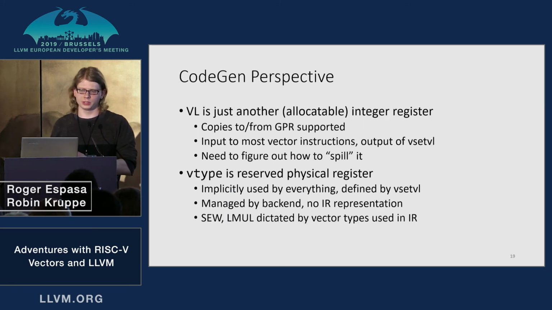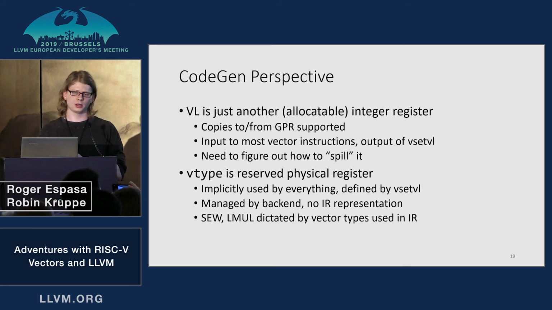To actually generate code, we need to figure out how to handle the vector length register and this configuration, so SEW and LMUL and some other bits. And for VL, we just use a normal allocatable integer register. It's separate from GPRs, but you can copy between them. It's an input to most vector instructions, output of vsetvl instructions.